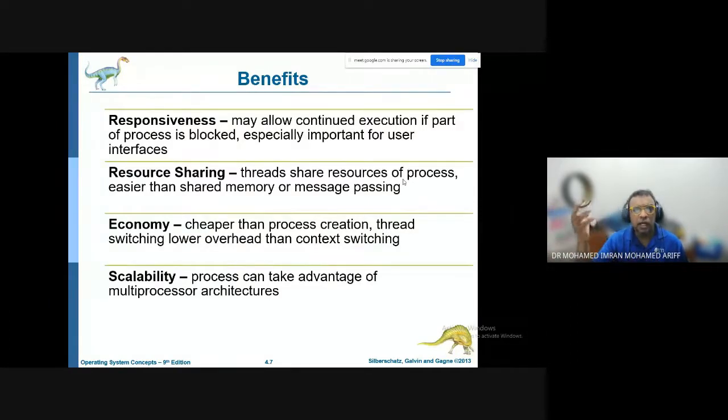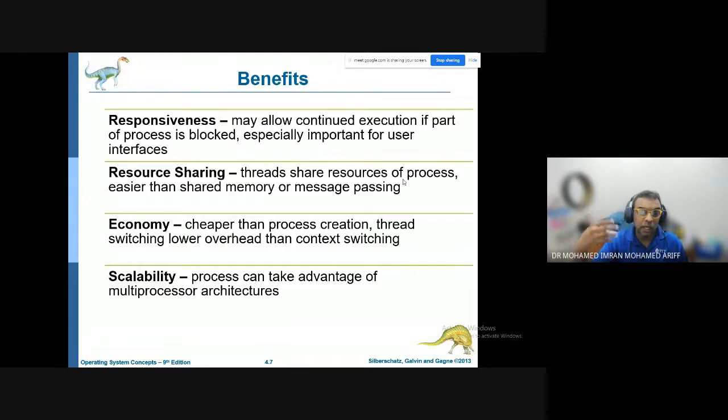Threads allow you to share resources, so you can share the memory. The memory, as you know, is where each process is brought before it's executed, and from the memory it goes to the processor. Economy, because it's cheaper than process creation, with thread switching having lower overhead.